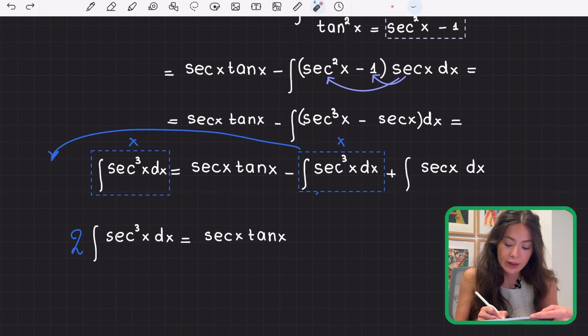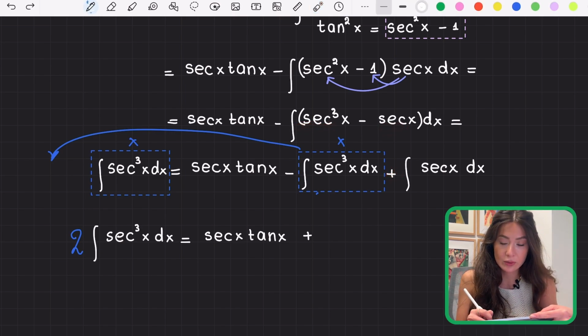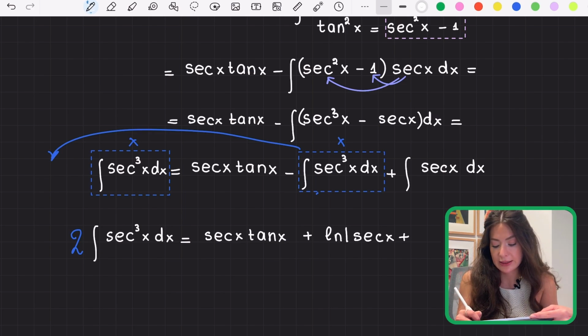And by the way, I didn't explain this. When this minus gets integrated and distributed to both terms, this turns positive. So that's where that positive came from. An integral of secant x is ln of secant x plus tangent x plus the constant of integration.